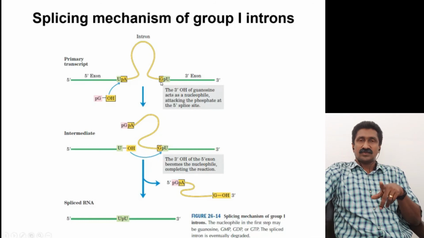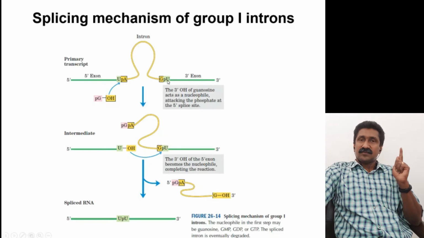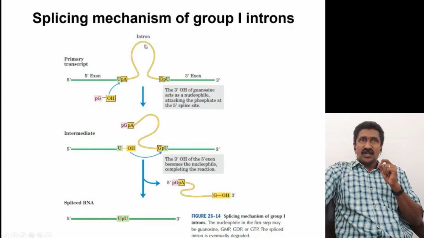In the case of the second exon, U is the 5' end, and the last residue at this end will be the 3' end. So in the intron, there will be a 5' residue with a phosphate, that is A.